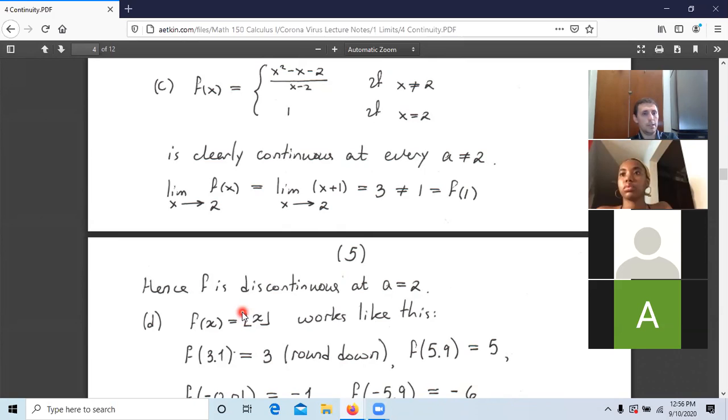Very nice, Reiki. Integers, it's definitely not continuous.